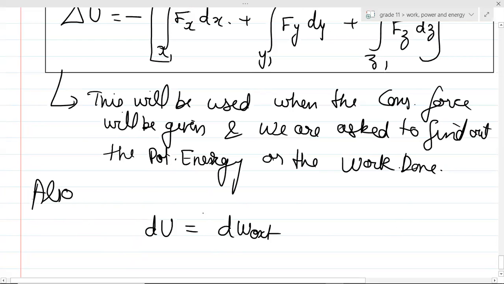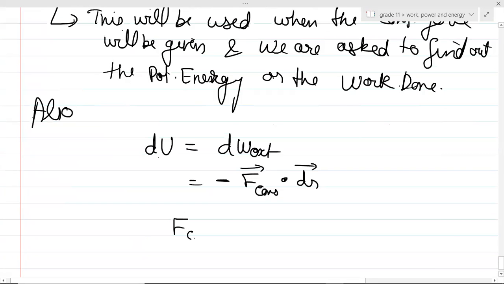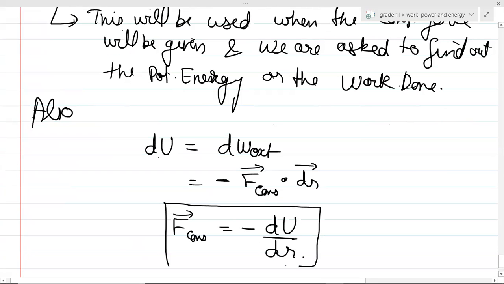So dU will become dW external, which I can write as minus F conservative dot dr. I can send this minus to the left hand side and this dr to the left hand side. So finally F conservative is nothing but minus dU by dr. This is also one of the relationships.